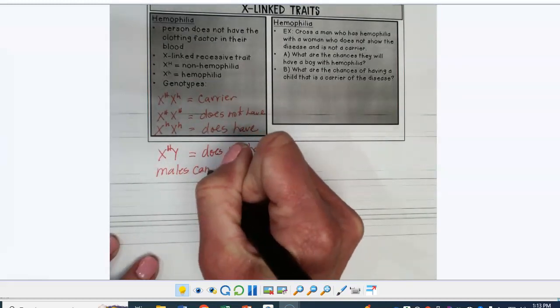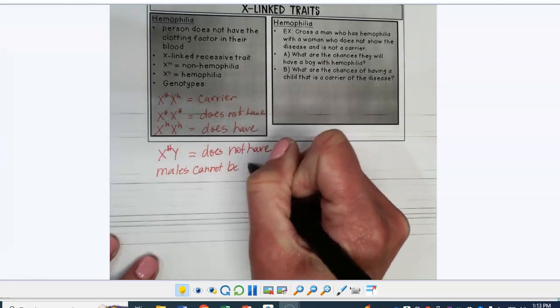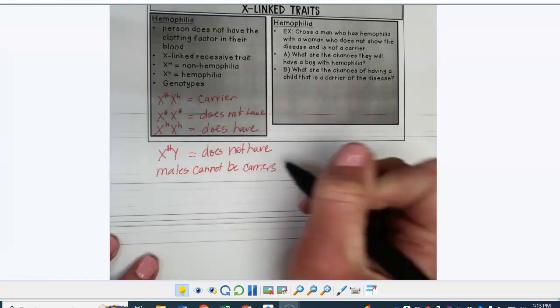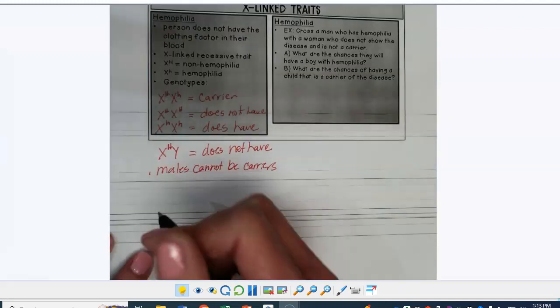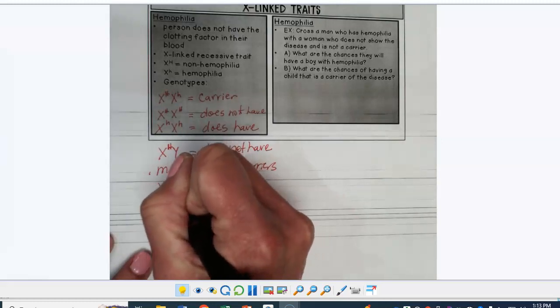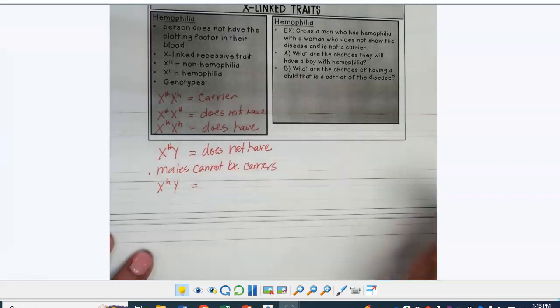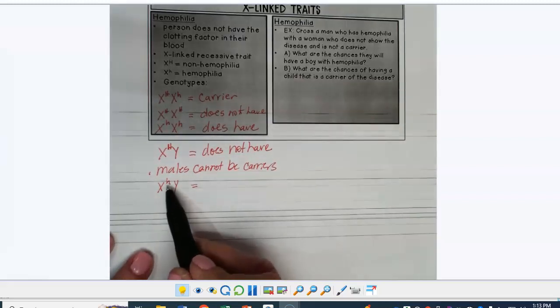Males cannot be carriers. Okay? Because they either have the disease or they don't have the disease. You could have a male that has the lowercase h, and the guys only have to have the 1 recessive allele to see it, since they don't have another X chromosome.